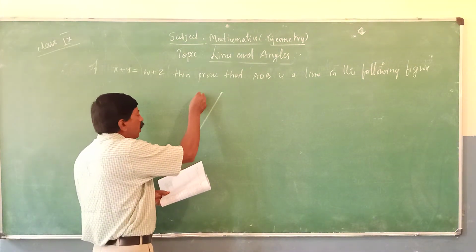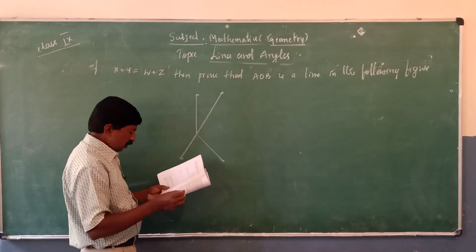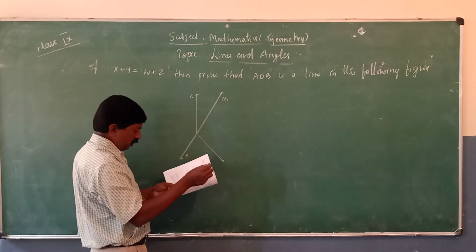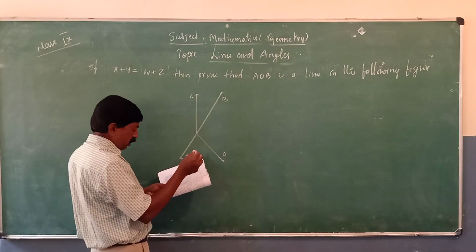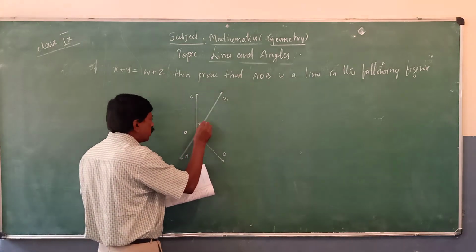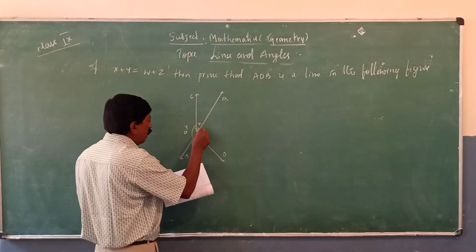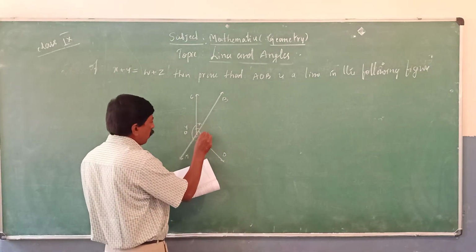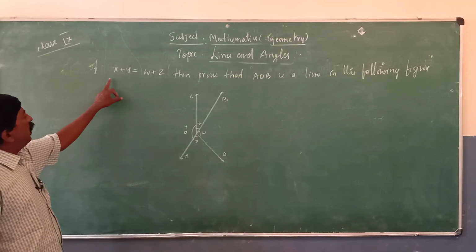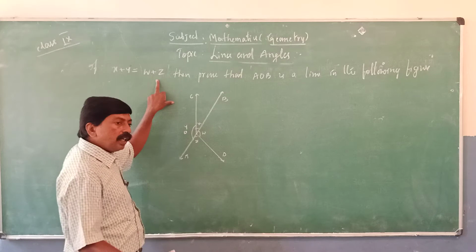Yes, like this. Call this AB, and this is C. This point is D, and this point is O. So this is X, it is Y, and this is Z, and this one is W. Now, X plus Y is equal to W plus Z. They are given the data.